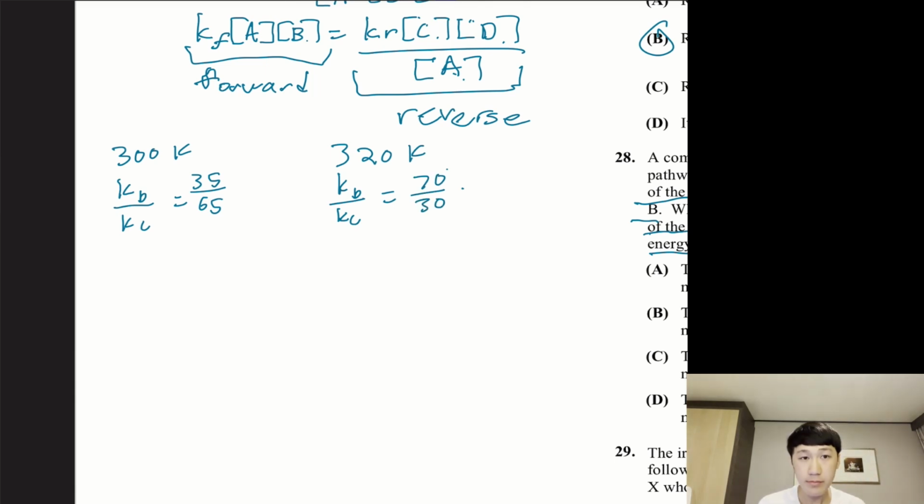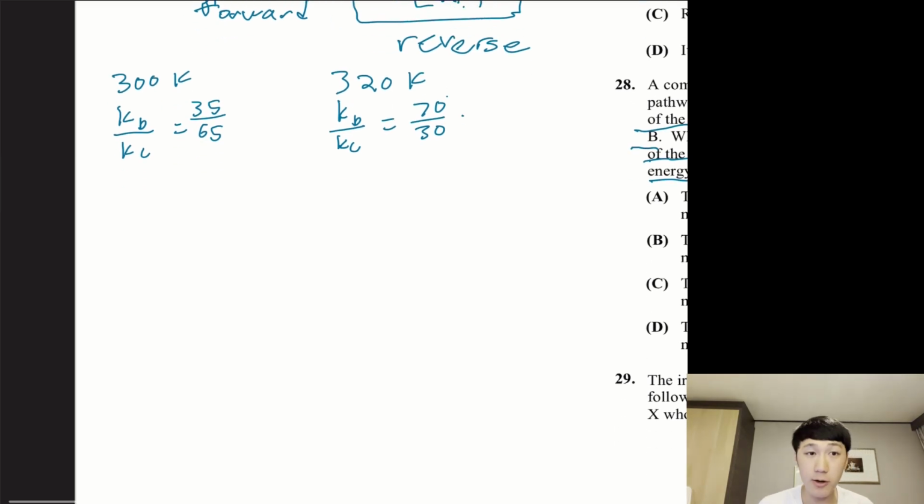All right. Now that we have this, I'm going to arbitrarily decide that the actual value of Kb is 35 at 300 Kelvin, and the actual value of Kc at 300 Kelvin is 65. However, we don't actually know the values of Kb and Kc at 320 Kelvin. So I'm just going to say let x equal Kb and y equal Kc at 320 Kelvin.